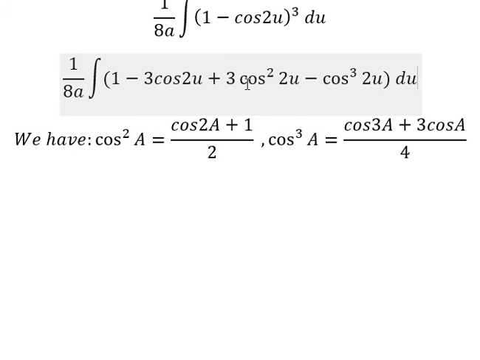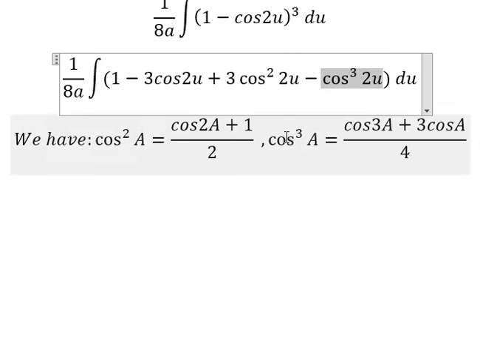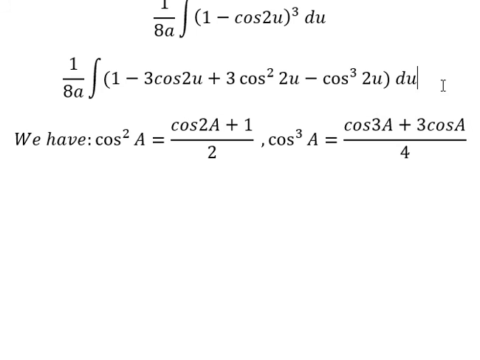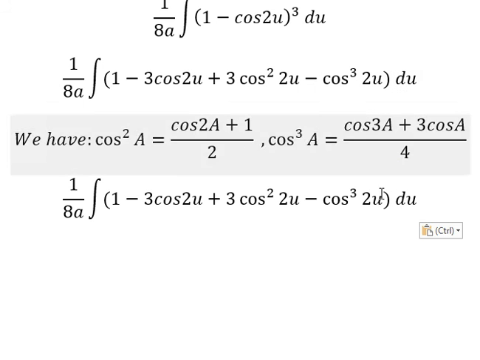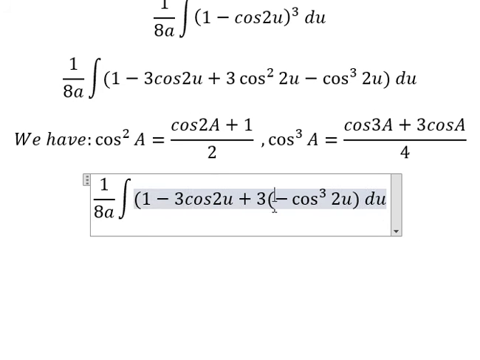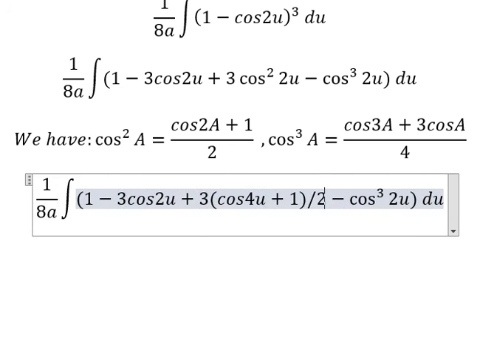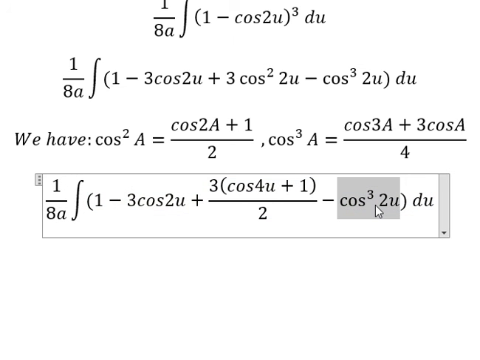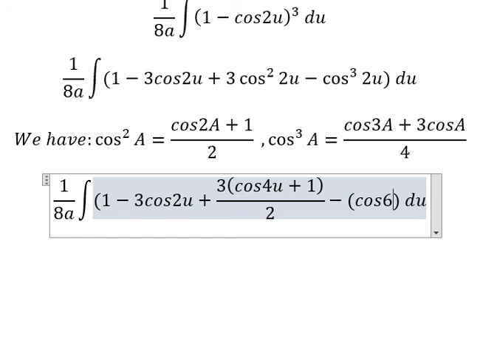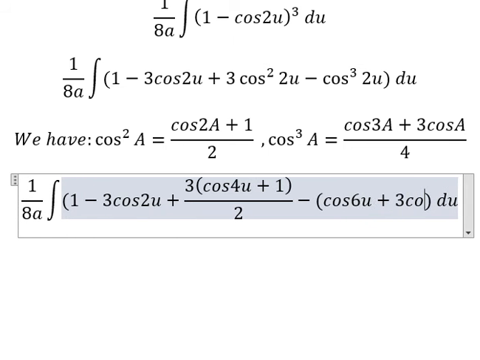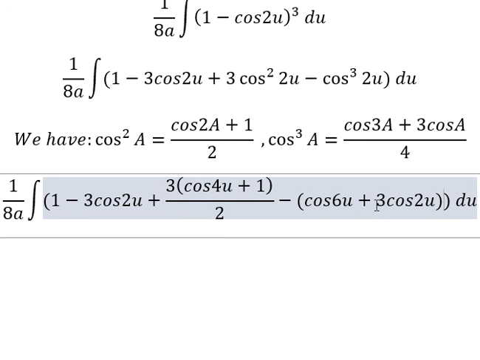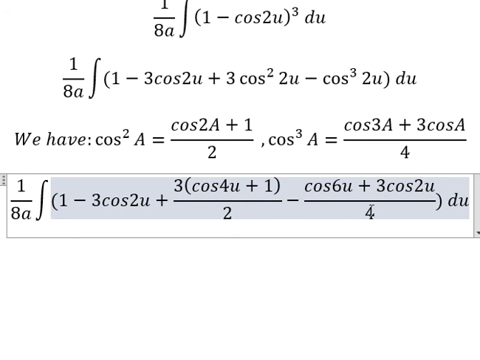So we need to transform this one and this one into this one and this one. So we will have cosine 4u plus 1 over 2, and cosine 6u plus 3 cosine 2u over 4, because if we transform them, we can do the integration of them.